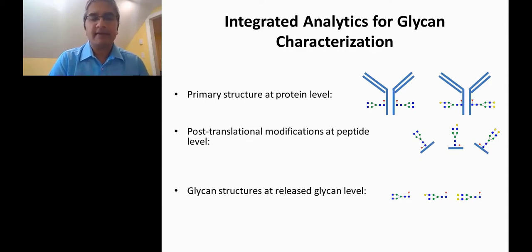And the third level is, once you release these glycans, how do you characterize and quantify them, and how do you develop correlative relationships between the glycans characterized at these various levels.